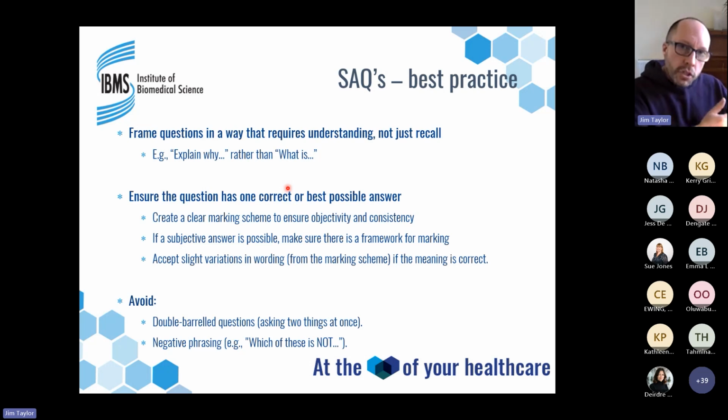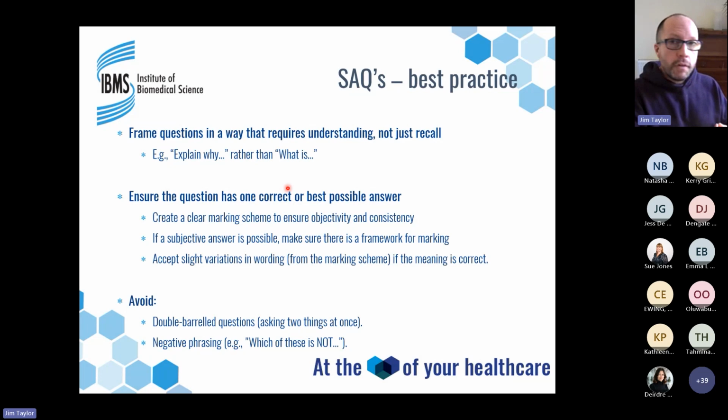So if you do need to bring objectivity to your marking schemes, then make sure that anybody else who's involved in training, anybody else who's involved in marking, knows that if you've underlined a word, it's because you require it to be there for that marker to mark the question as being right.